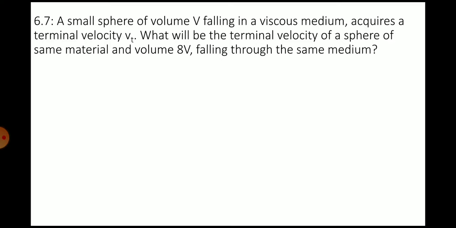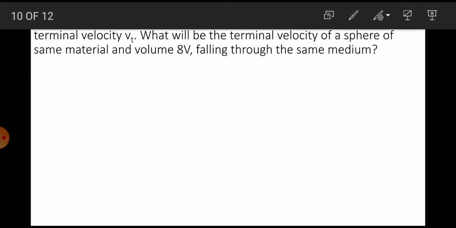Numerical 6.7. A small sphere of volume V falling in a viscous medium acquires a terminal velocity V. What will be the terminal velocity of a sphere of the same material and volume 8 times falling through the same medium? So you will write the equation for both.